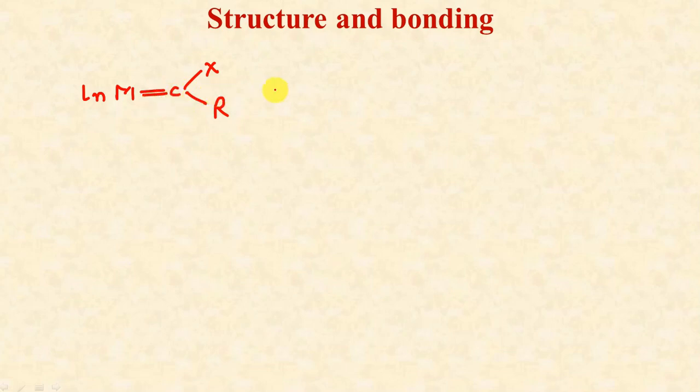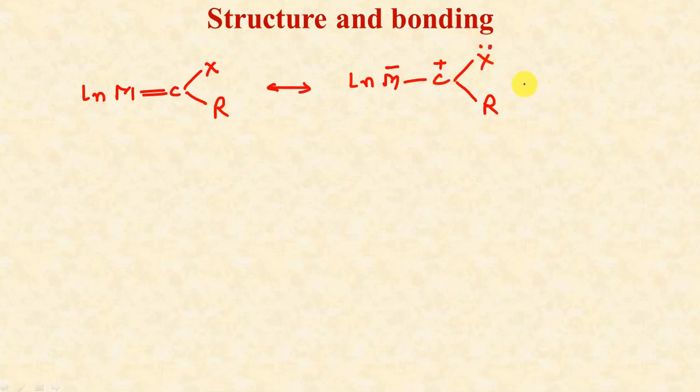So this can be represented in the form LnM, negative charge on metal, positive charge on carbon. This is the pi donor substituent X here, which has a lone pair of electrons and can donate its electrons to the electrophilic carbon.